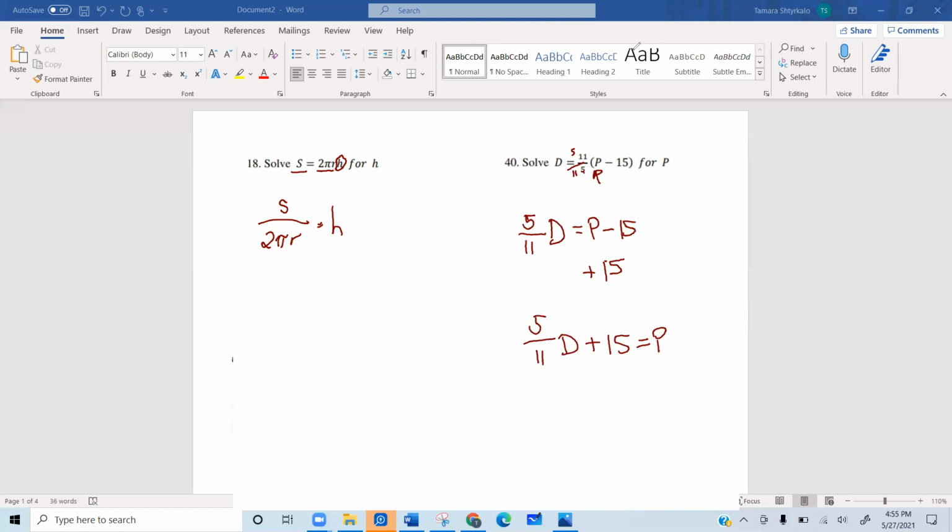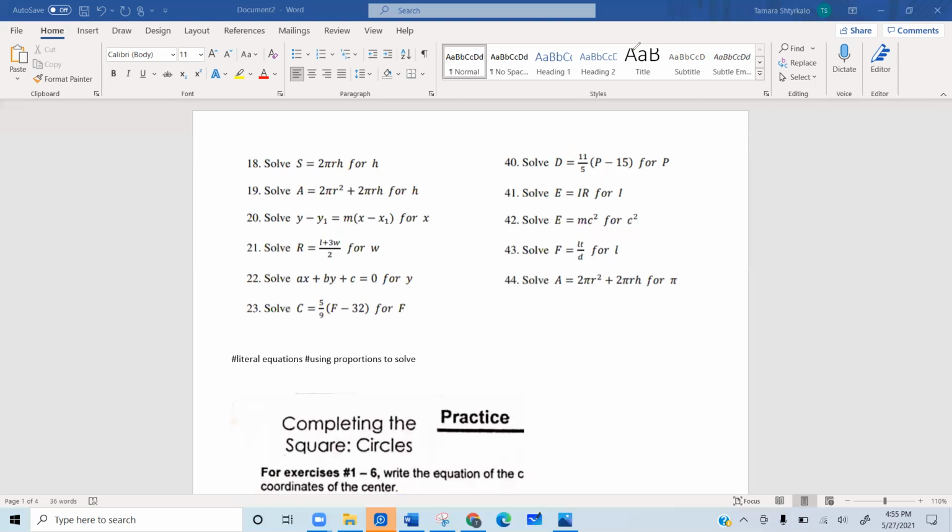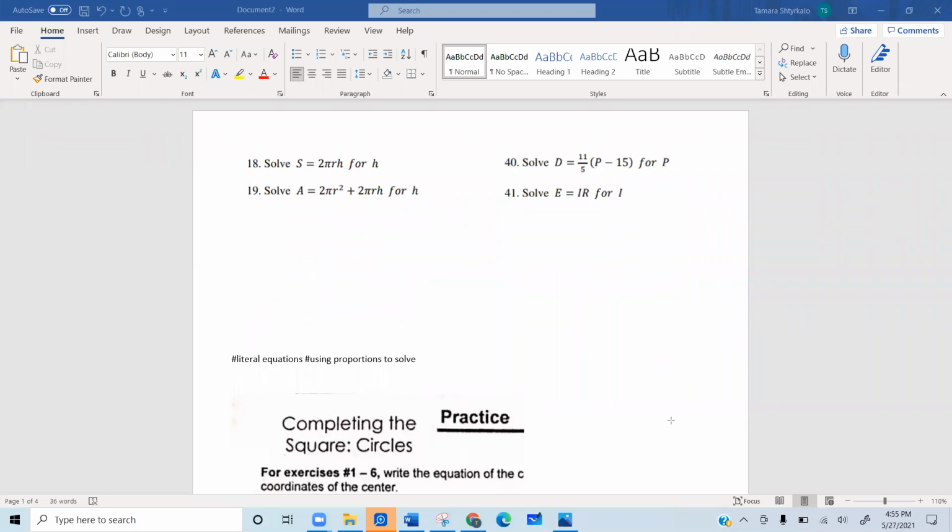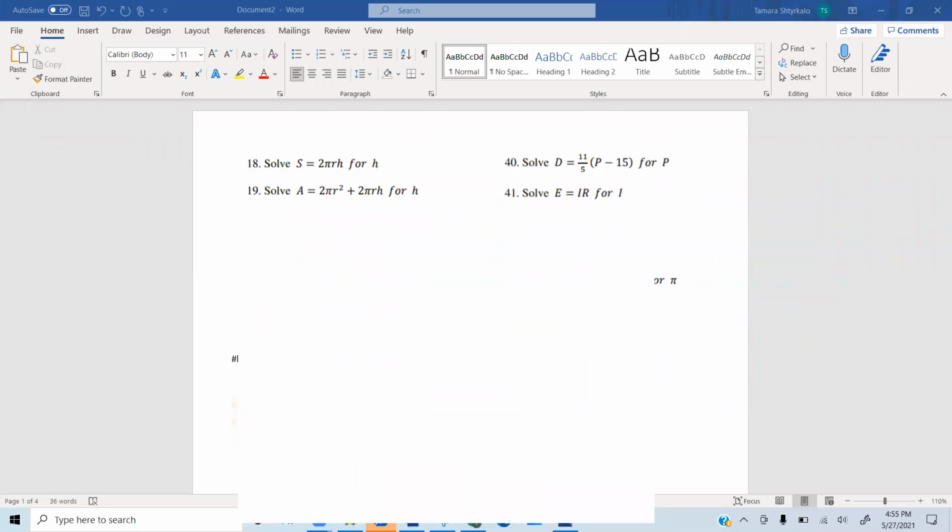And let's do a couple more. Okay, and this time we want to solve for h, which is right there. So I'm going to treat this like a constant, okay? I'm going to keep it together.